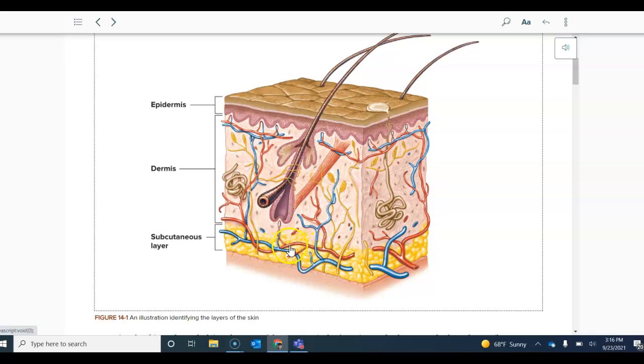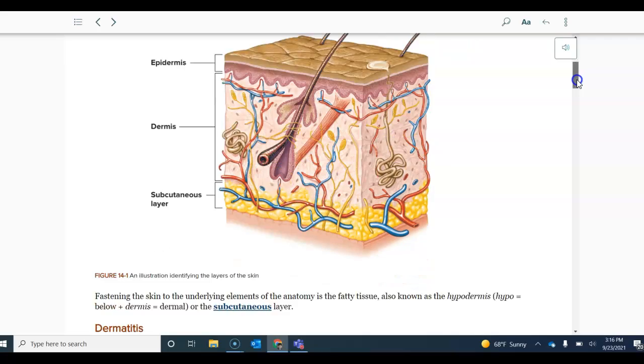If it goes that deep and the skin is black and it becomes necrotic, remember necrotic means blackened because of lack of blood supply. That means it's so far deep that the blood vessels can't deliver the oxygen and nutrients to the tissue, and therefore the tissue dies and becomes what we call necrotic.